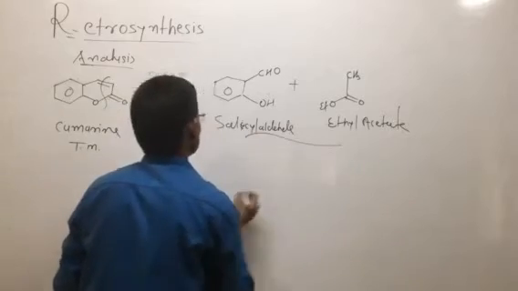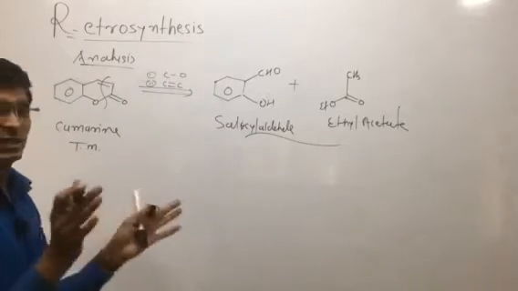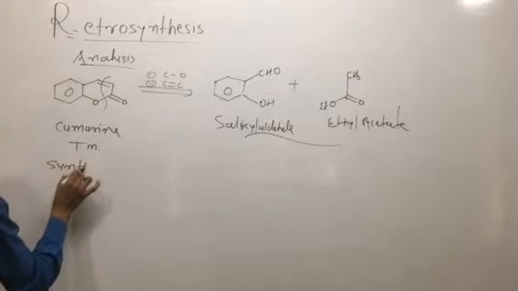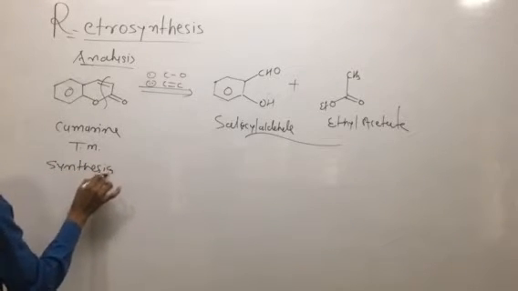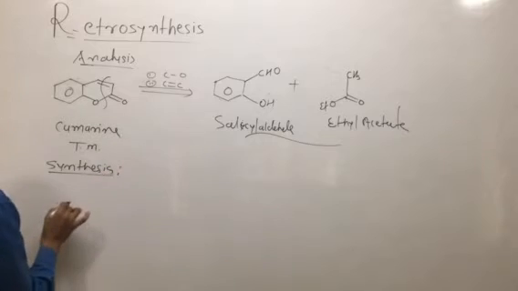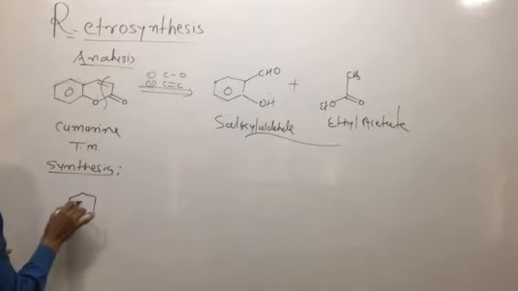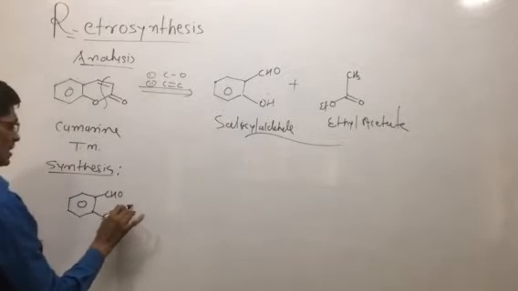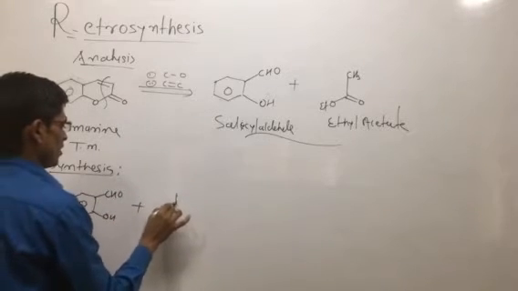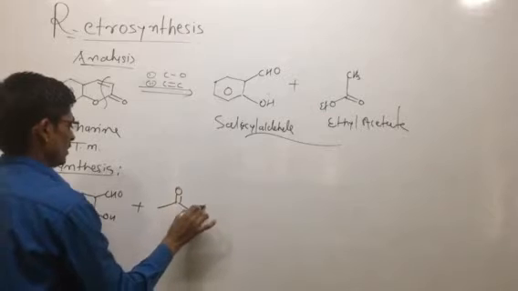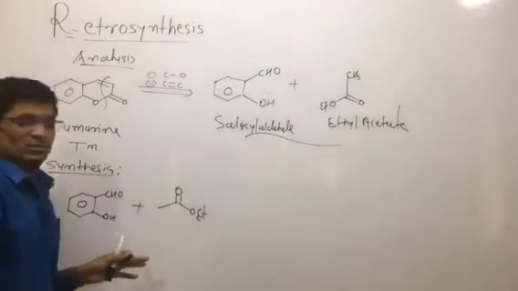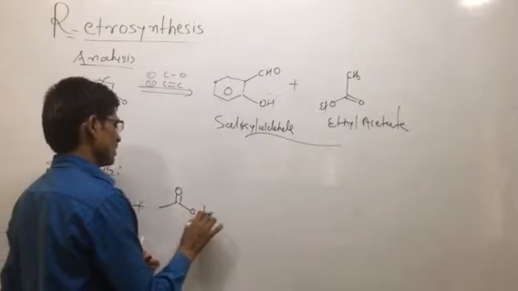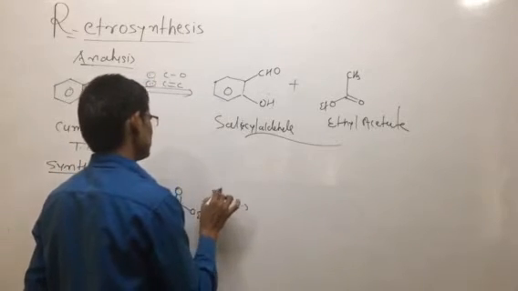This is one of the synthetic equivalents. What is the plan of the synthesis? What is the design of this type of molecule? The starting reactant is salicylaldehyde. Salicylaldehyde is treated with ethyl acetate in basic condition.